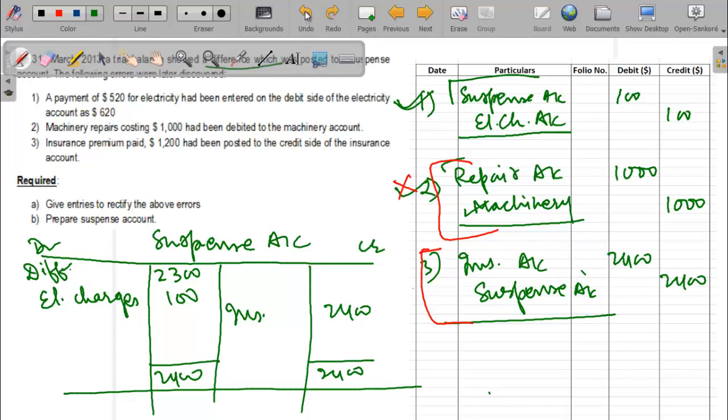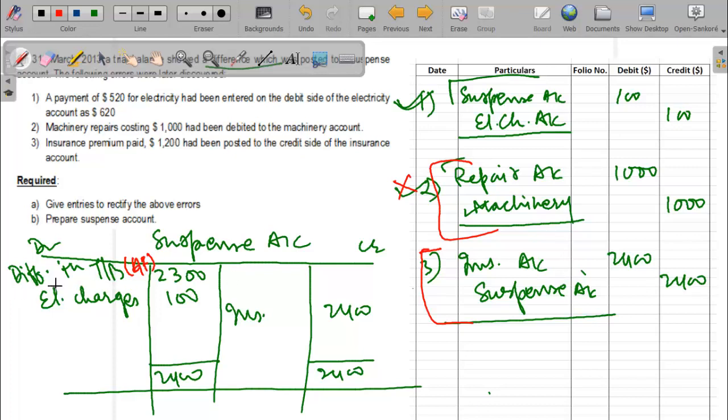It means we computed the amount of difference by which the suspense account was opened in the trial balance. This amount we computed as a balancing figure, 2300. It means when I prepared the trial balance it was showing a difference of 2300, and that difference I transferred to the suspense account.